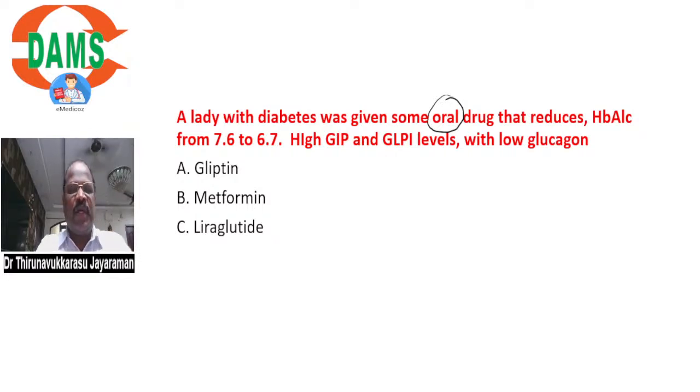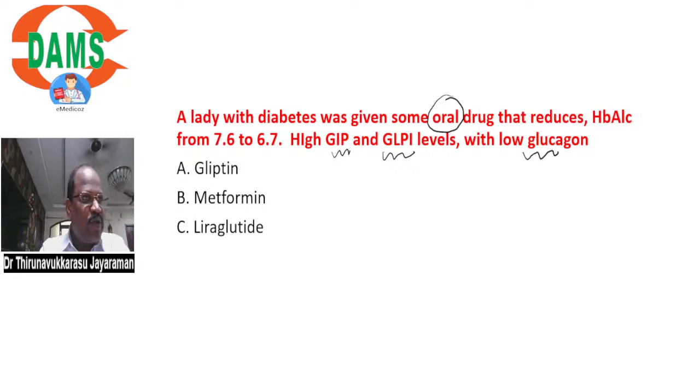Okay, right. So here they give an oral drug, and the drug reduces HbA1c from 7.6 to 6.7, and it also increases glucagon-like peptide and insulinotropic polypeptide, and it causes low glucagon.